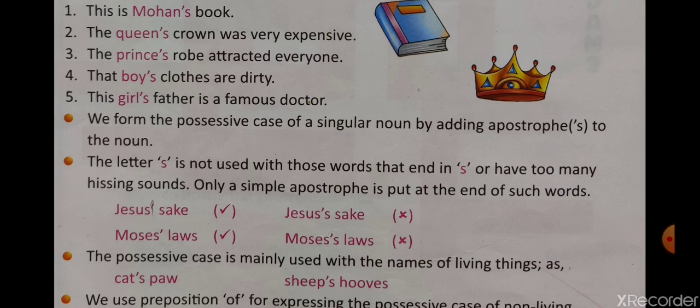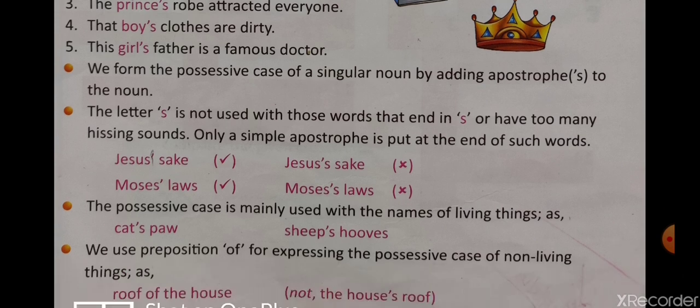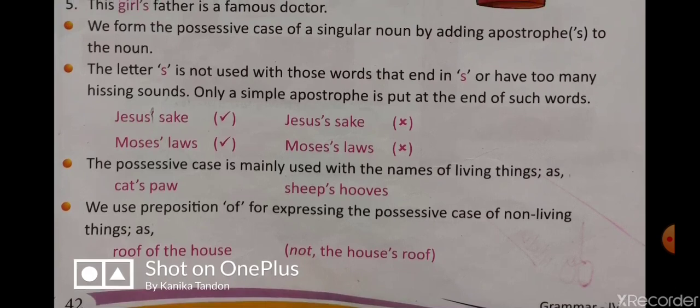Similarly, the possessive case is mainly used with the names of living things, as cat's paws, sheep's hoofs. We use the preposition of for expressing the possessive case of a non-living thing. Okay, so one thing we have to make sure is that whenever we are taking the example of a living thing, we use apostrophe s. But we cannot use apostrophe s with a noun which is non-living.